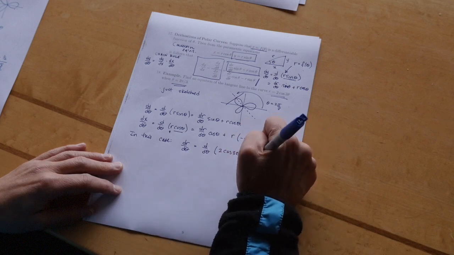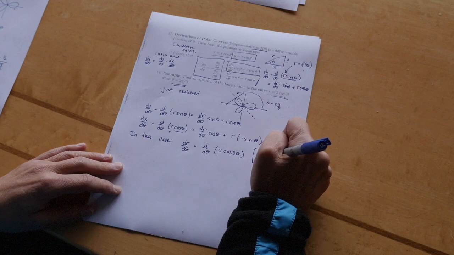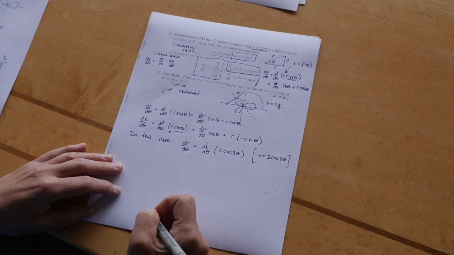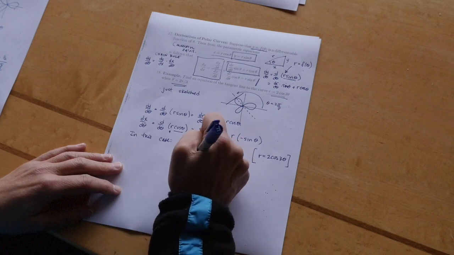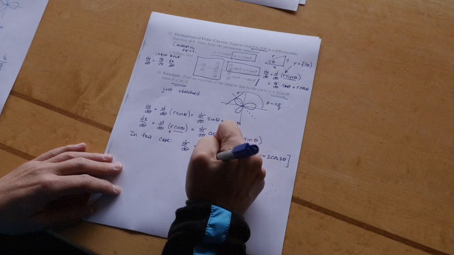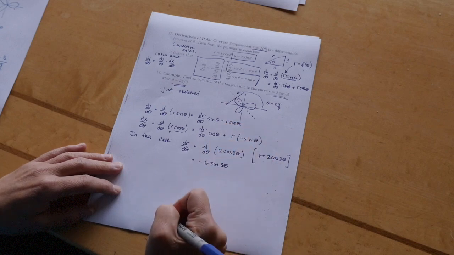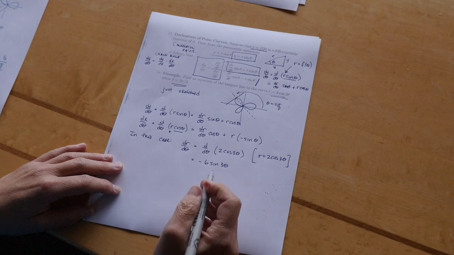We can take that derivative; that's not going to be difficult. That's going to be minus 6 sine 3 theta. The derivative of the cosine is minus the sine, and then employing the chain rule gives that additional factor of 3.